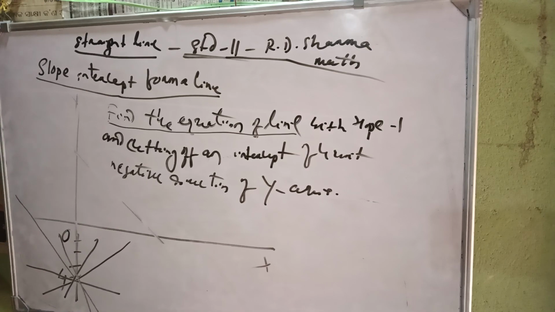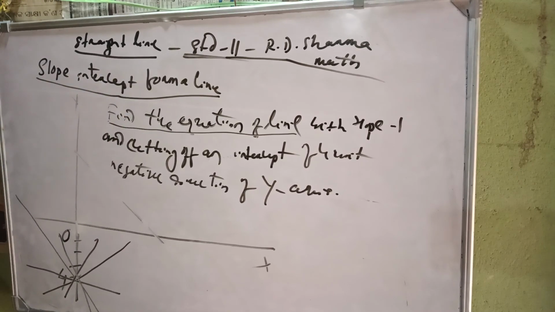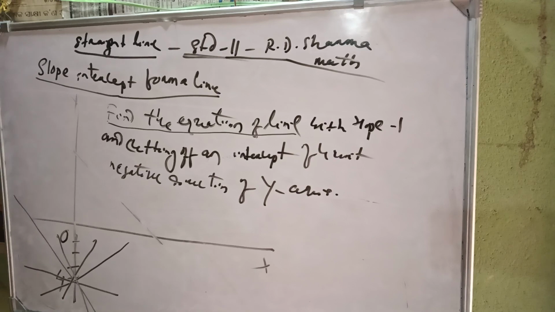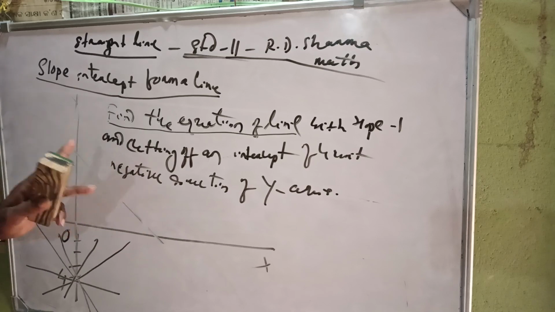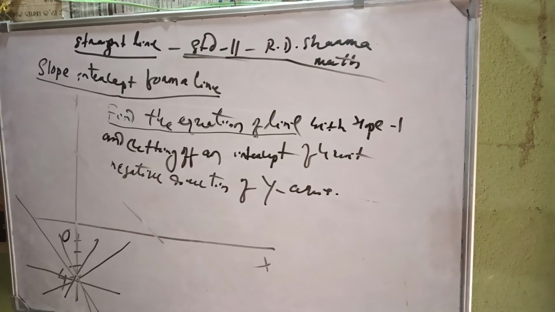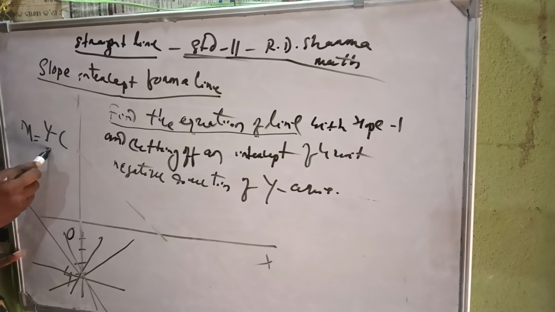For that, getting the equation, we use the slope intercept concept. There is a formula. Yesterday I told you that m is equal to y minus c by x.